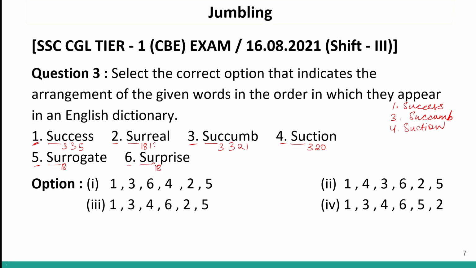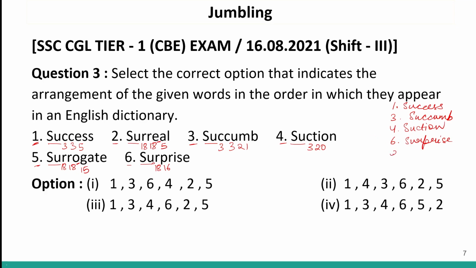Here we have R, which is 18. Here we have R, which is 18. And the next letter here we have P, which is 16. So 18, 16 will come next. So the next word will be surprise. Now, in second and fifth, we'll move on to the next letter. Over here, we have E, which is 5. And over here, we have O, which is 15. So 18, 18, 5 will come before 18, 18, 15, correct?